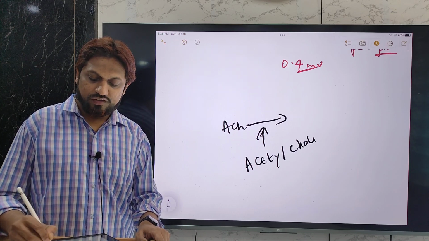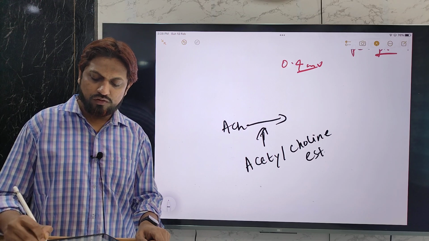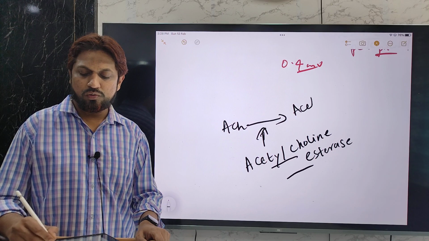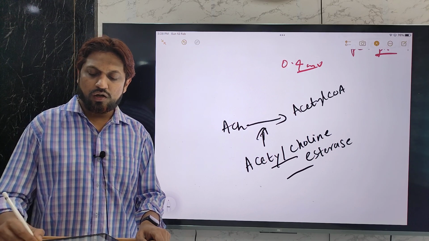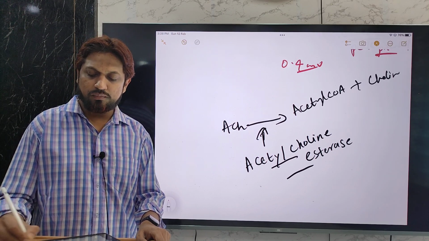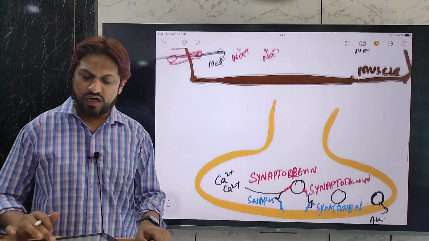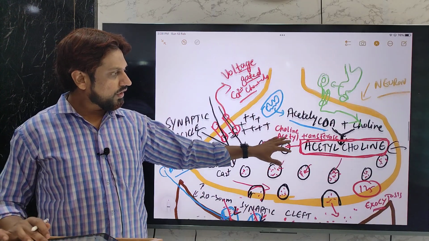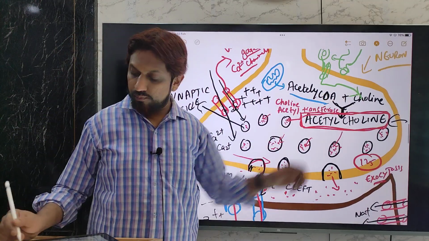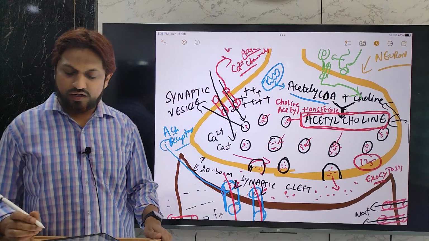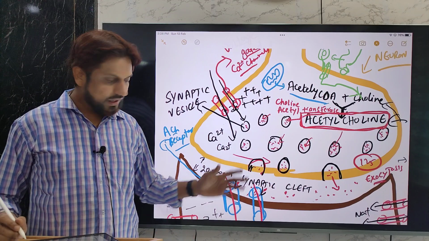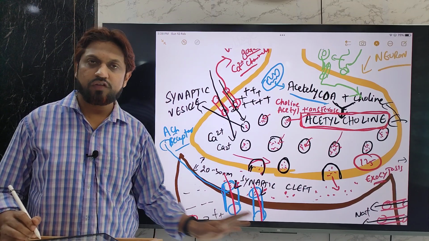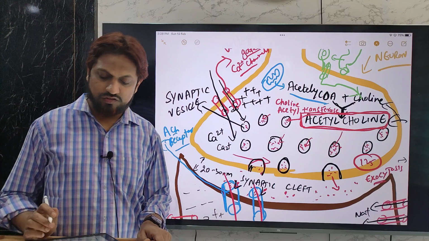This acetylcholine esterase will break the acetylcholine into acetate and choline. Choline can be retaken back into this cell through the choline transporters, and acetate is absorbed back, and some amount of the acetylcholine will diffuse out of the synaptic cleft into the ECF. Okay, so this is the fate of the acetylcholine.